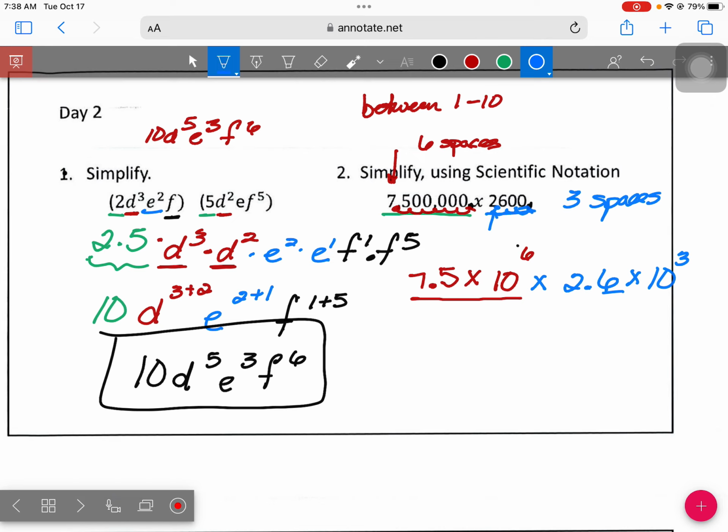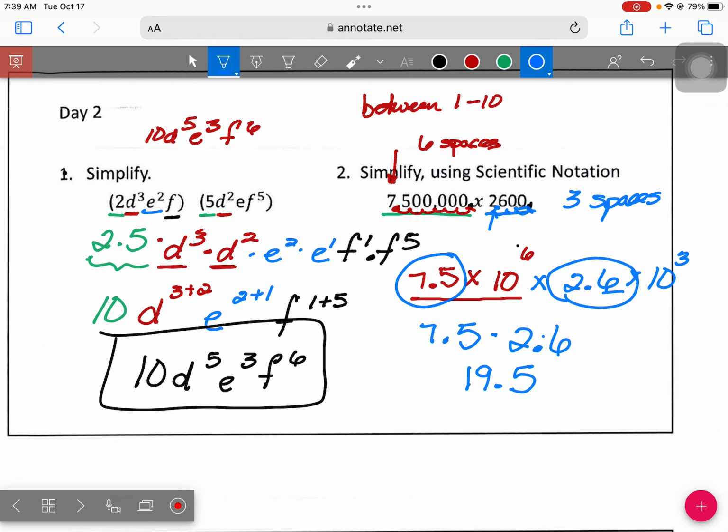Now, it says we are multiplying these. Okay? These two numbers, can we multiply those as numbers? Yes, we can. So if you've got a calculator around you, can you please take 7.5 times 2.6? 19.5. Okay, so I'm going to back up. I'm going to write this as 7.5 times 2.6. And you said that was 19.5? Okay.